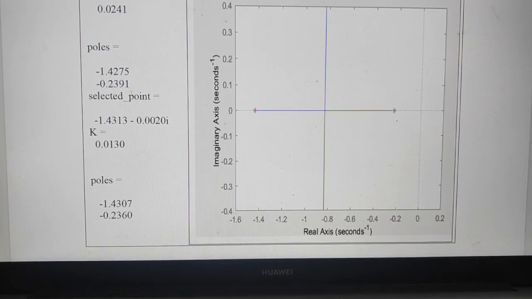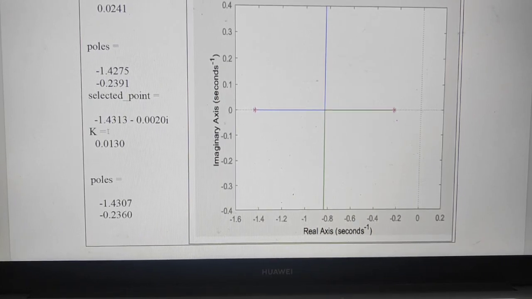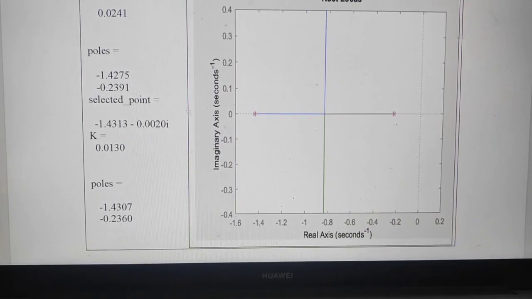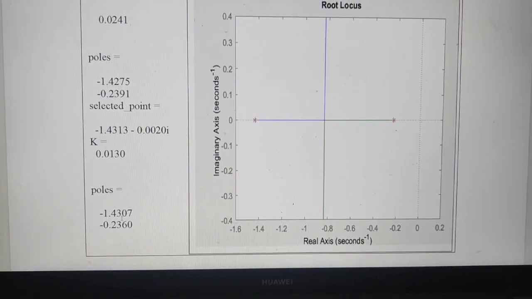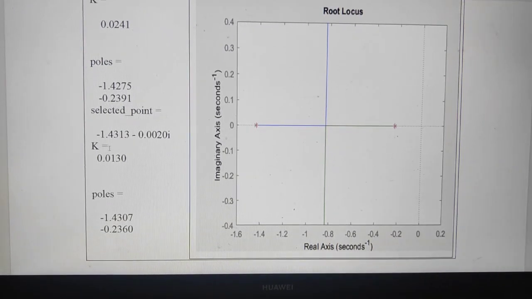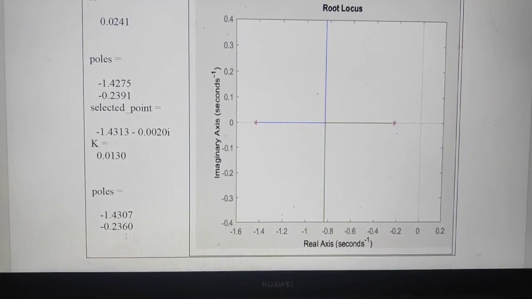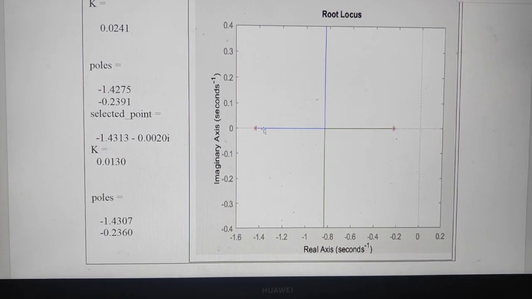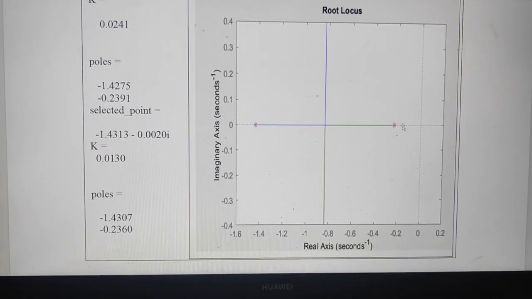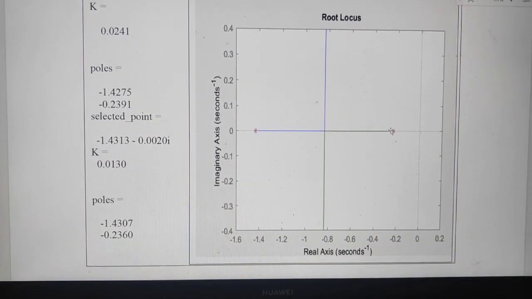After we get the two poles, we need to find k, which is 0.0130. After that, we choose the selected point, which is negative 1.4307 and negative 0.2360 for the root locus.